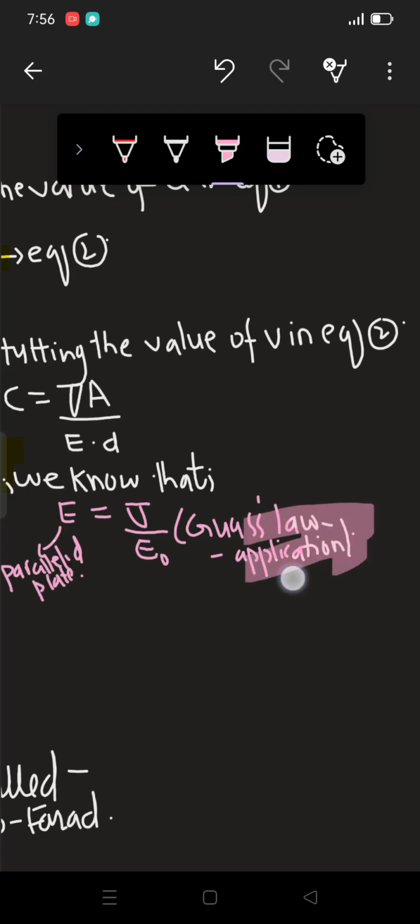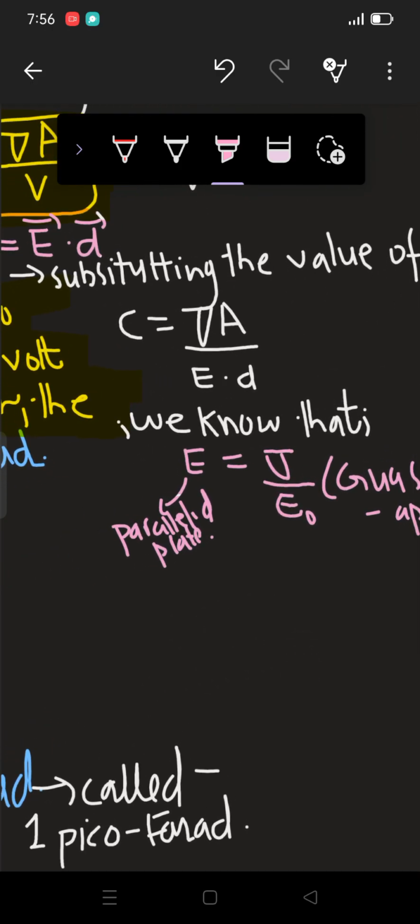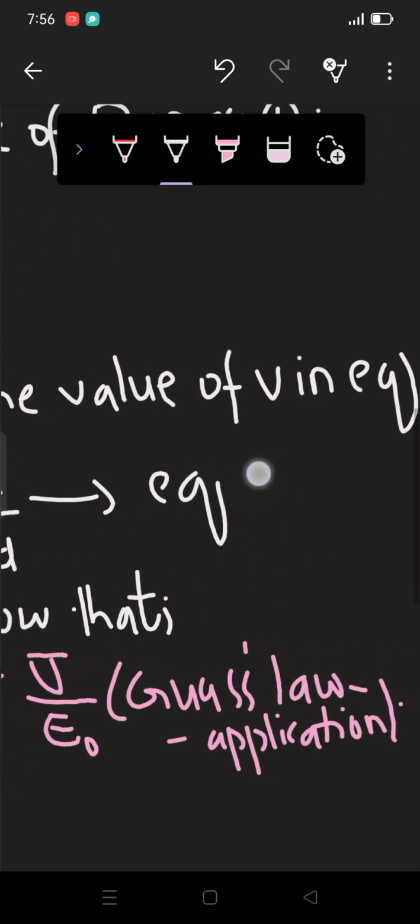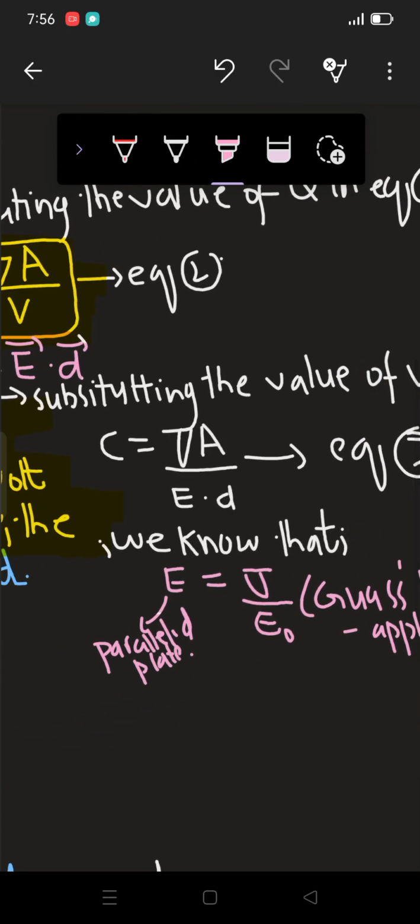Now let's substitute this value instead of E in equation number 3. This was equation number 3 we got. Let's highlight this third equation with yellow highlighter.